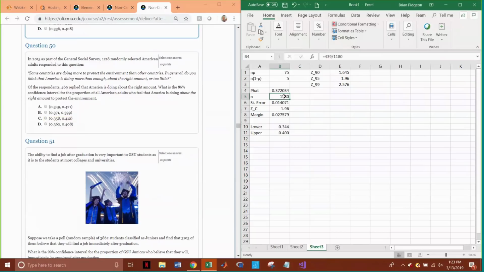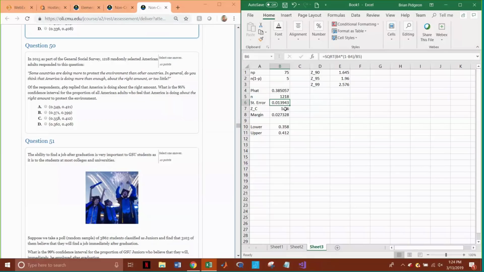So in our new situation, we had a survey of 1,218. That's our sample size. And our p-hat in this case is 469 out of 1,218. And what you'll notice is that Excel has been updating everything immediately. It calculated the standard error, the square root of p-hat times 1 minus p-hat over n.